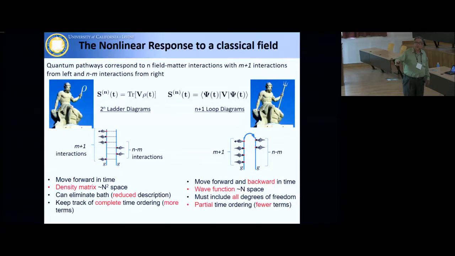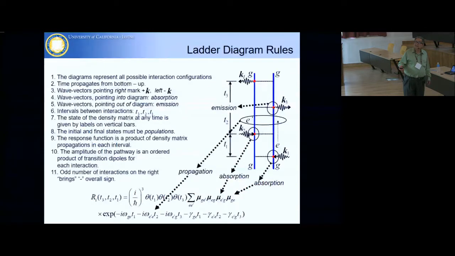If you want a reduced description with density matrices, you use this. Both of these representations are useful. Then, if you have such a diagram, you can translate it into an expression for the response function, where you have couplings and frequencies and so on, and then you have your microscopic description.